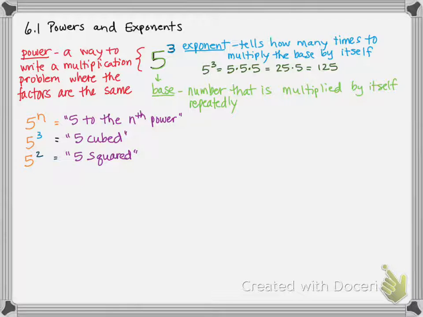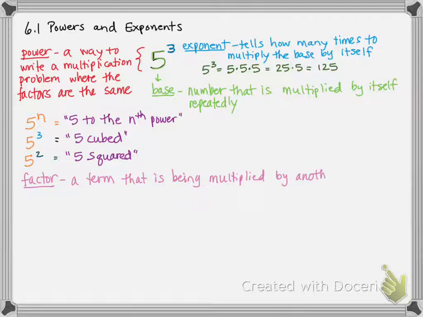So let's talk about a word that I did mention, and that was the word factor. So let's make sure we define that. So a factor is a term that is being multiplied by another value.